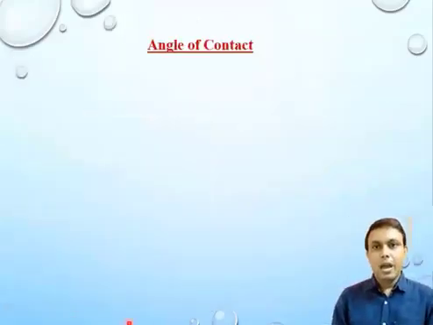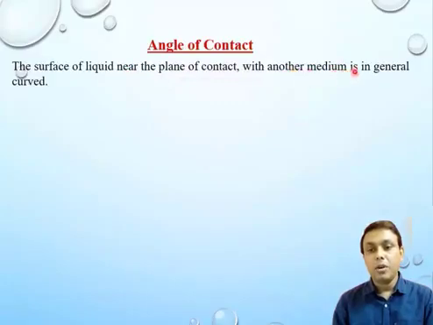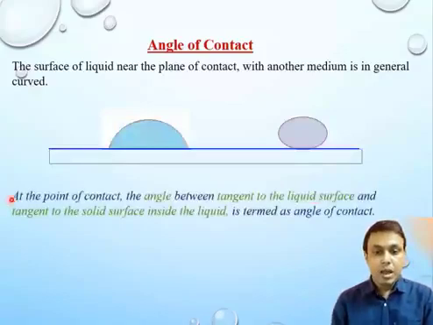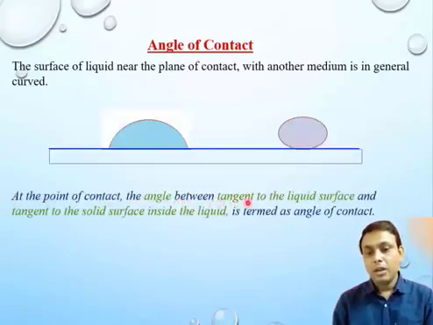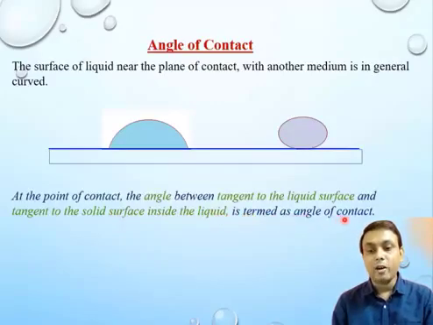Next, angle of contact. The surface of liquid near the plane of contact with another medium is in general curved. Now, at the point of contact, the angle between the tangent to the liquid surface and the tangent to the solid surface inside the liquid is termed the angle of contact.